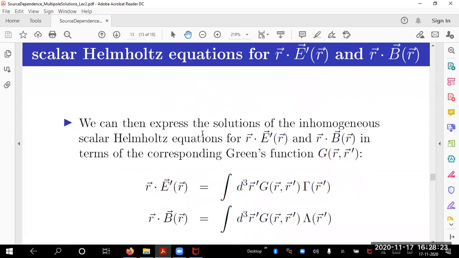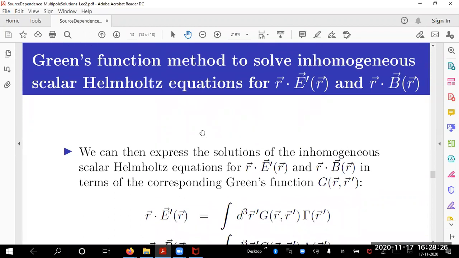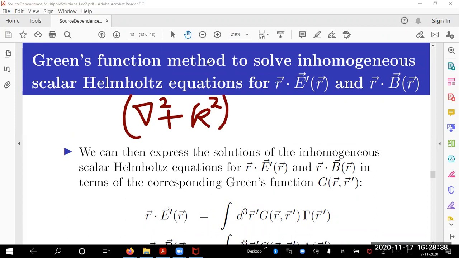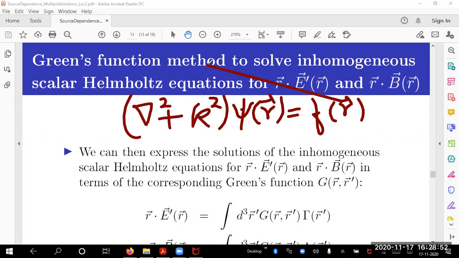Okay, let me again now explain the Green's function method to solve inhomogeneous equations. I am given a differential equation, del squared plus k squared, acting on some solution psi of r, equal to f of r, some function of r.